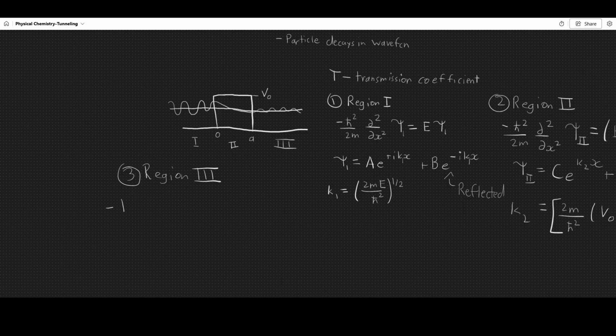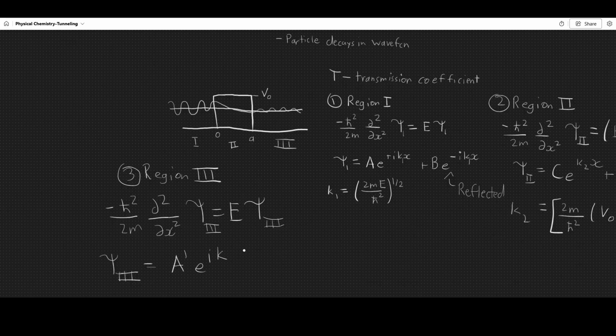So the psi for this one would be, let's first write out the Schrodinger's equation for this. So we have the kinetic energy operator. Actually, I should keep the convention. And then psi 3 is equivalent to, we'll call it A prime. It's a different constant than the one that we saw in region 1, but it's still similar.